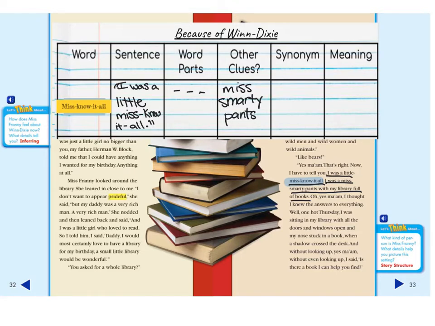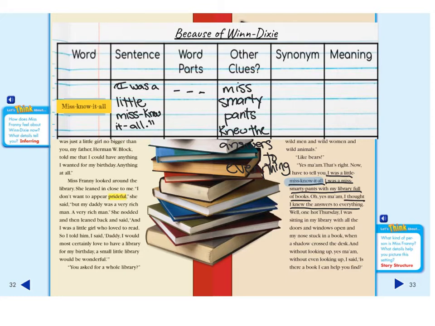So I now have written the other clue, and now I'm thinking about a synonym. Oh, wait a minute. I'm even noticing it says, I thought I knew the answers to everything. This is another clue. I'm even thinking we could use this clue to help us determine maybe even a synonym.